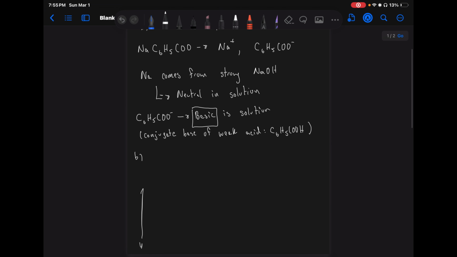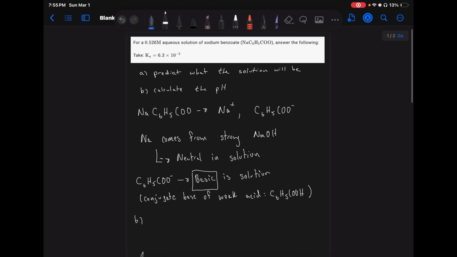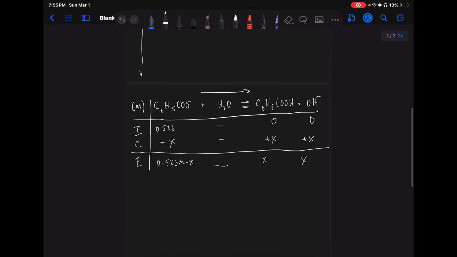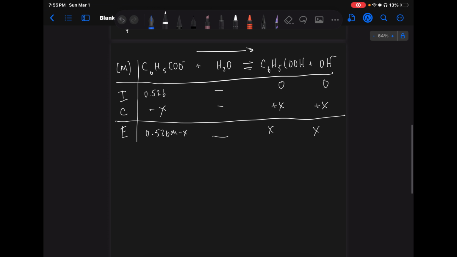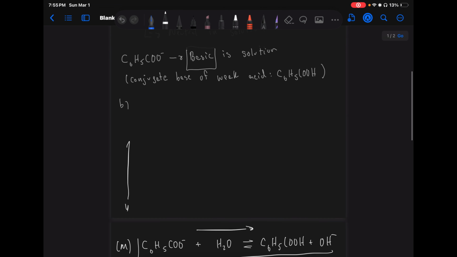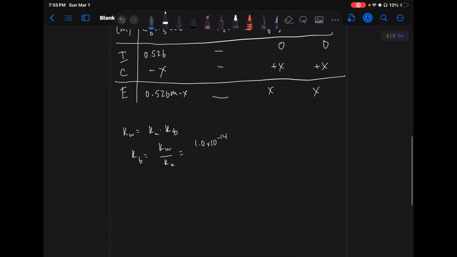Here we need to find out what x equals, and we're given the Ka value, but this is a Kb reaction because this is the formation of the base, so we have to convert the K value into the Kb value. I'm sure you know that Kw is equal to Ka times Kb. So Kb would be Kw over Ka, which is 1.0 times 10 to the negative 14 over 6.3 times 10 to the negative 5.